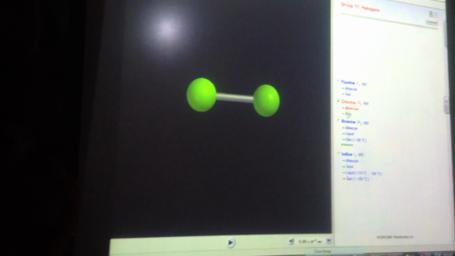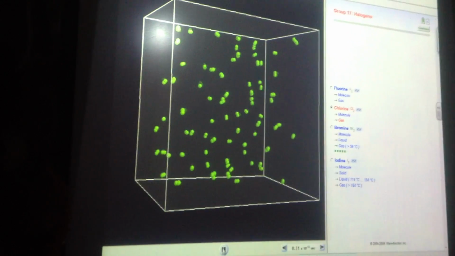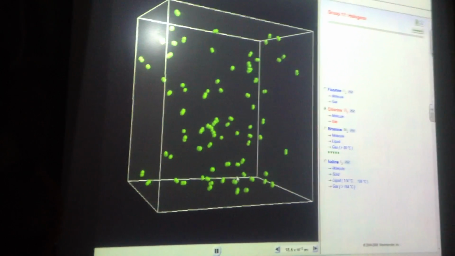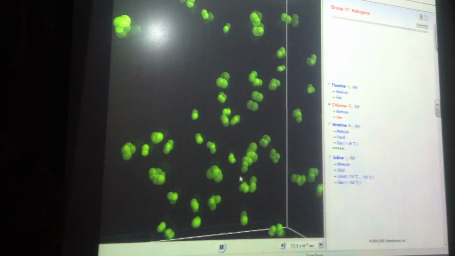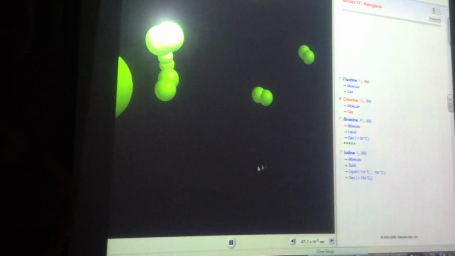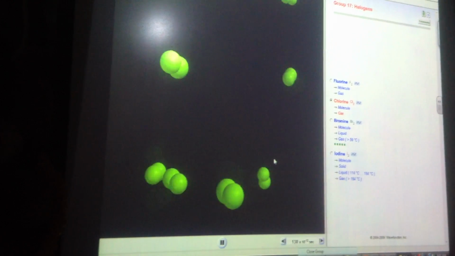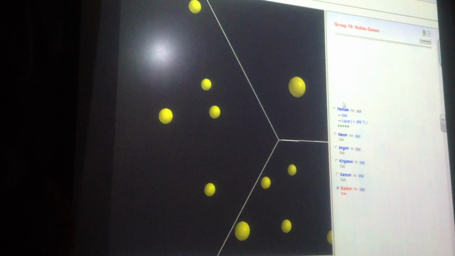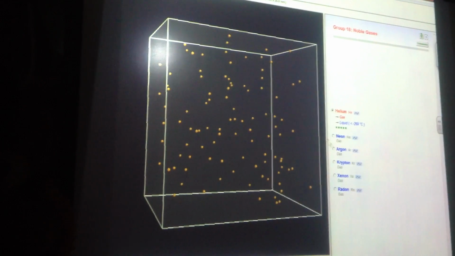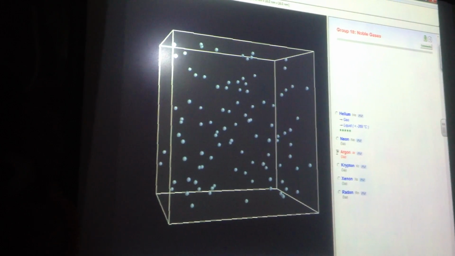But there are other gases that do this as well. Chlorine would do this. That's what chlorine would look like. Bromine, fluorine. So some elements will exist as single atoms, like radon, or like helium, or like argon, and others will exist as pairs.